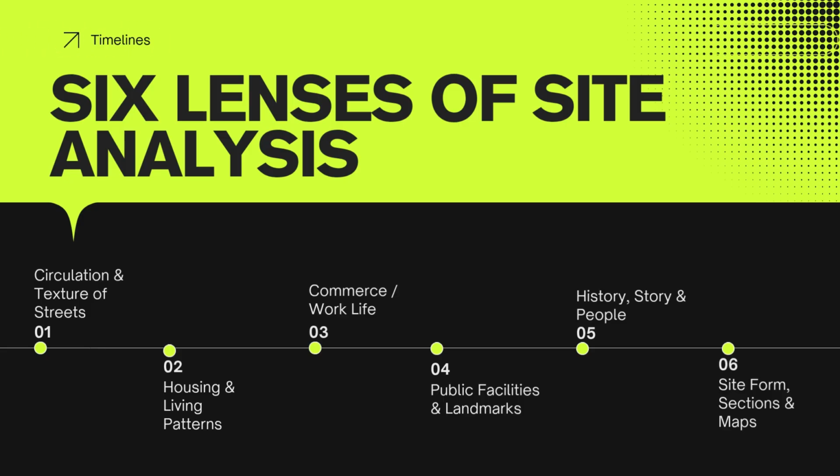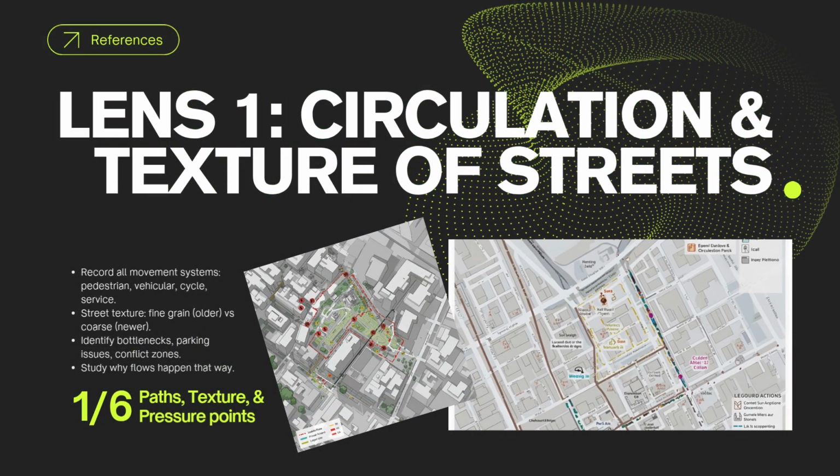Circulation is the bloodstream of your site. It determines how alive or suffocated the area feels. You'll map not just the streets, but their behaviors as well. Observe the textures of the street: paving, drainage, light, edges. Does it invite walking or repel it? Record all kinds of movements: where people cross informally, where vehicles slow down, where chaos naturally feels organized.